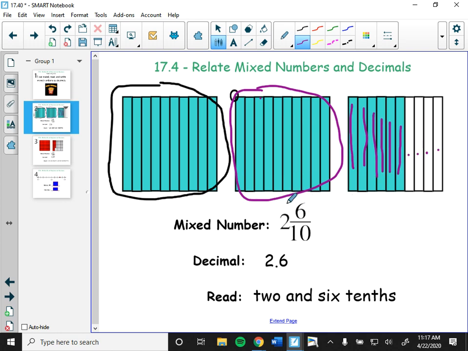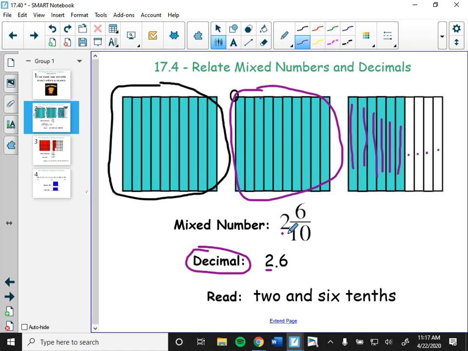So 2 and 6 tenths. Notice in our decimal here, we have 2 in our ones column, right?